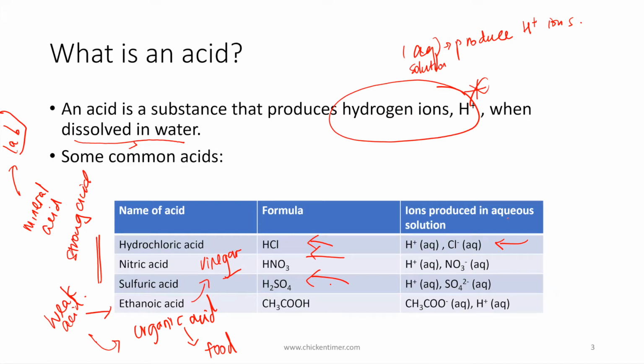But the whole point is, if they say explain why hydrochloric acid is an acid, you have to say that when dissolved in water, HCl produces H plus ions. Same goes for vinegar, nitric acid and sulfuric acid. When they ask why these are acids, you have to say that when dissolved in water, they produce H plus ions.